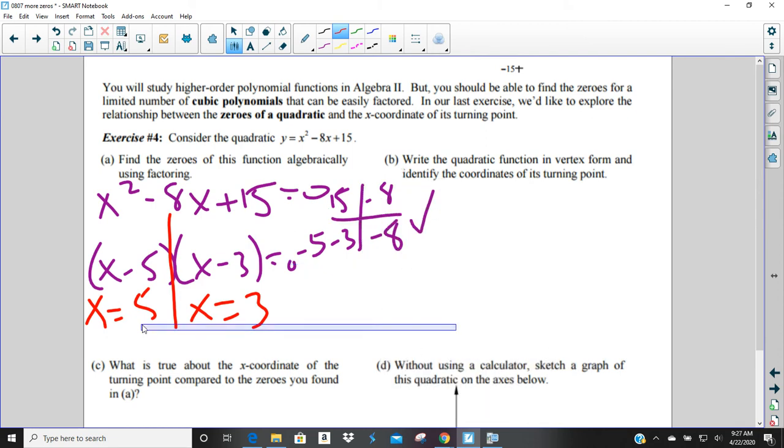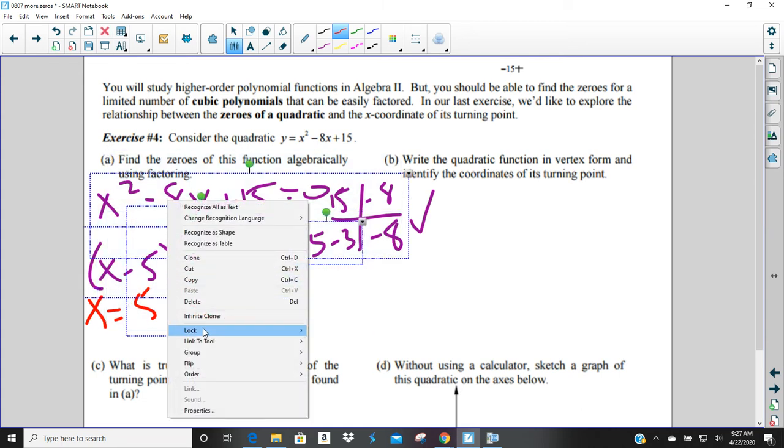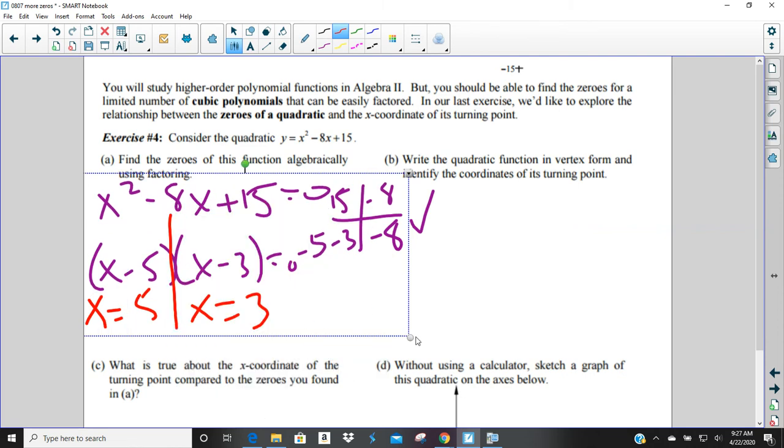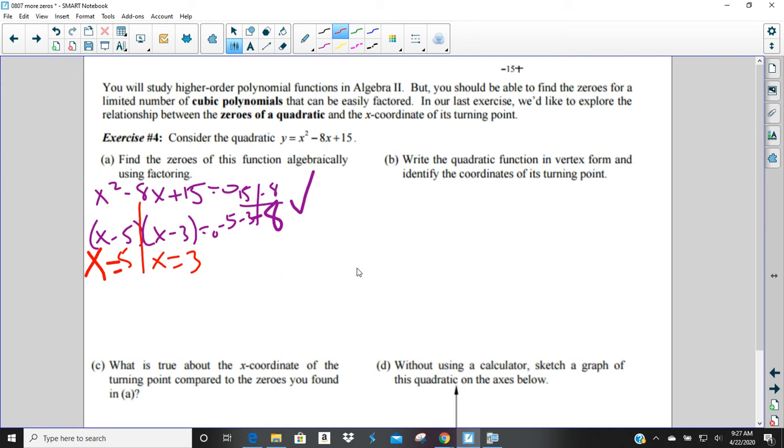I'm going to make the whole thing smaller. Okay, so we want to write the vertex form. So we're going back a few days, weekend and all that. Let's see if we can do this.